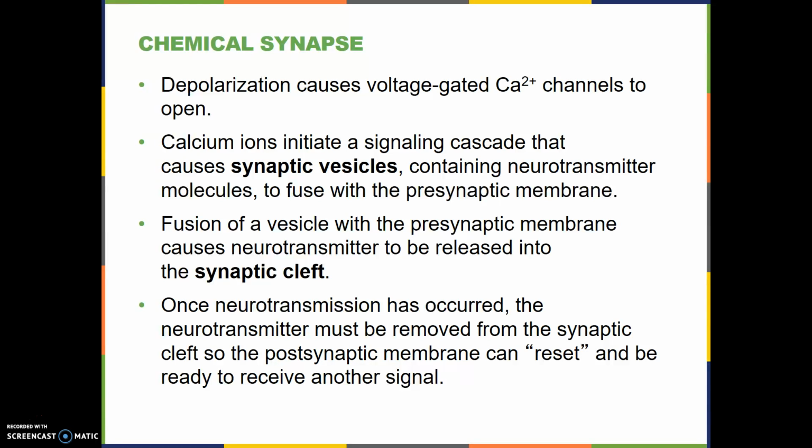So different things will cause voltage-gated channels to open and an action potential to be generated. A chemical synapse is one that is controlled by a chemical called a neurotransmitter. So at a chemical synapse, this is what happens.